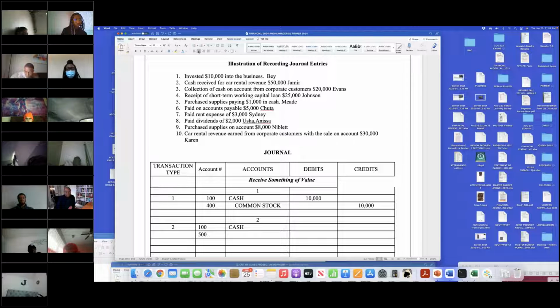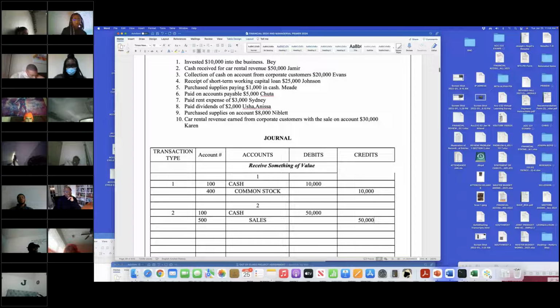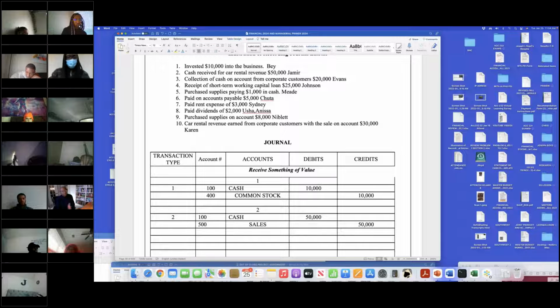So there's nothing really difficult about making journal entries, but it's just framing it up. And I think sometimes, as we're learning and teaching accounting, we sort of move through this too quickly.